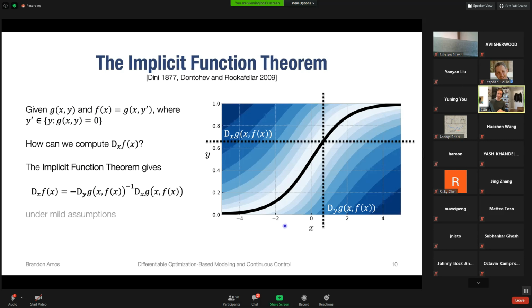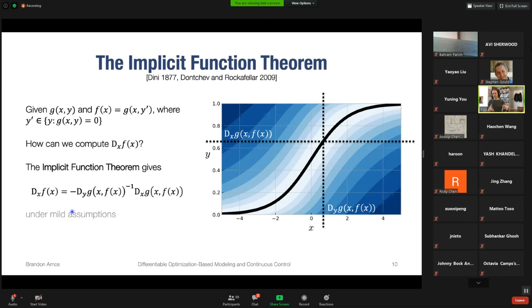I won't talk about this in too much detail, but you can imagine that it has a good way of combining the derivatives of this g function along both directions that you have access to. And this works under very mild assumptions. In most of the convex optimization cases, it almost always works.